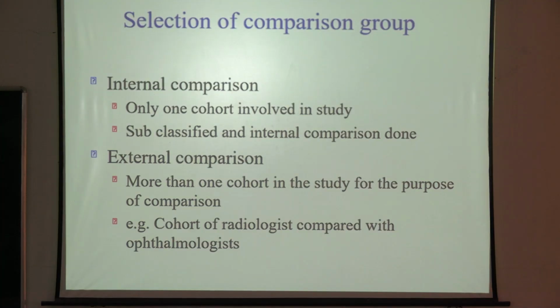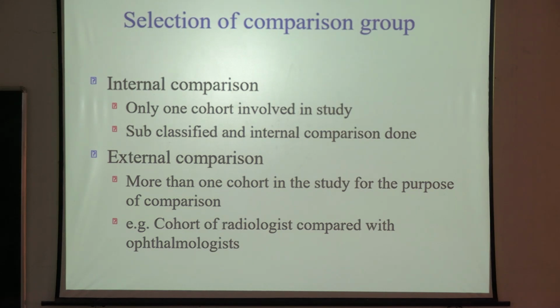Then again, there can be internal comparison and external comparison. Internal comparison is with only one cohort, one group, which is subclassified and compared internally. External comparison is with another group. For example, radiologists with ophthalmologists. Radiologists are exposed to radiation, ophthalmologists are not.